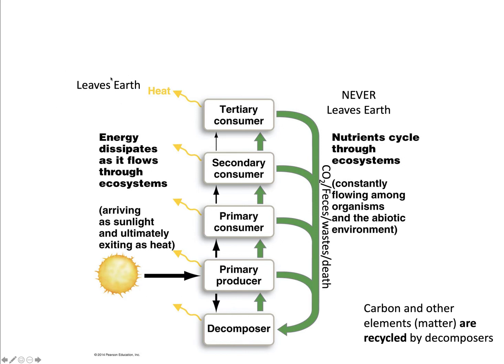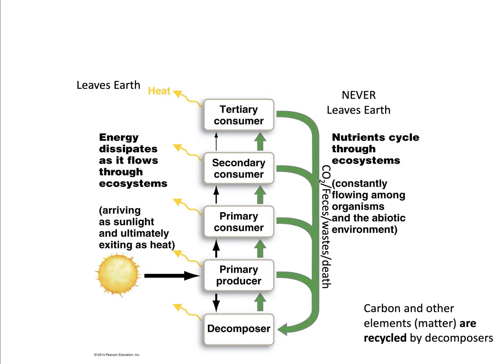It leaves Earth. Now, matter, on the other hand, so nutrients, when we think of nutrients, we're talking about things like ultimately carbon, nitrogen, phosphorus, all of those elements that are used to make up the macromolecules that are biologically necessary molecules for organisms to exist.